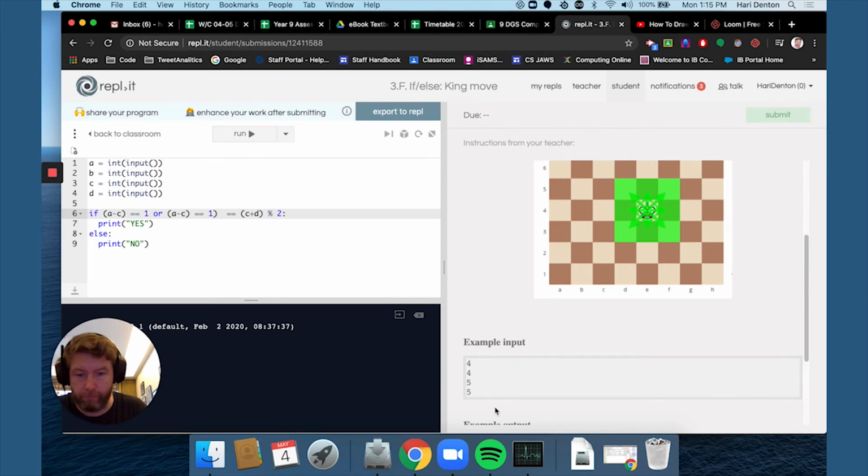Because if you move straight up or straight across, then one of them is going to be 0. So it's either -1, +1, or 0.